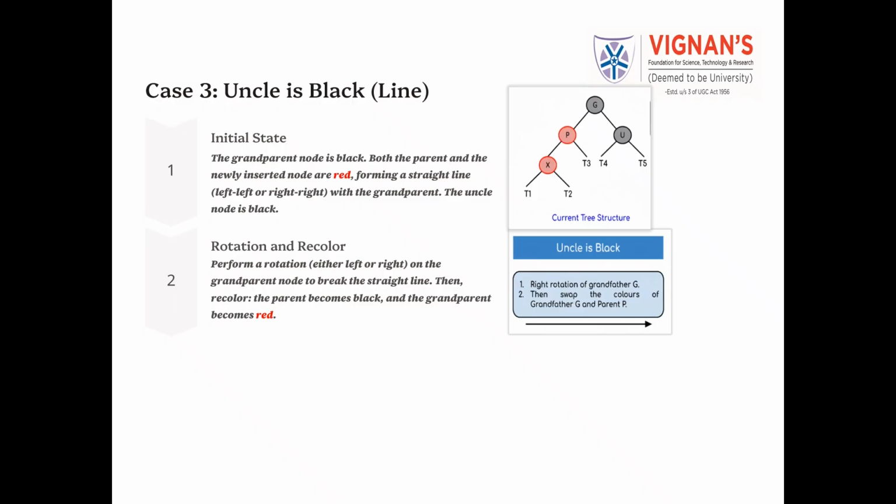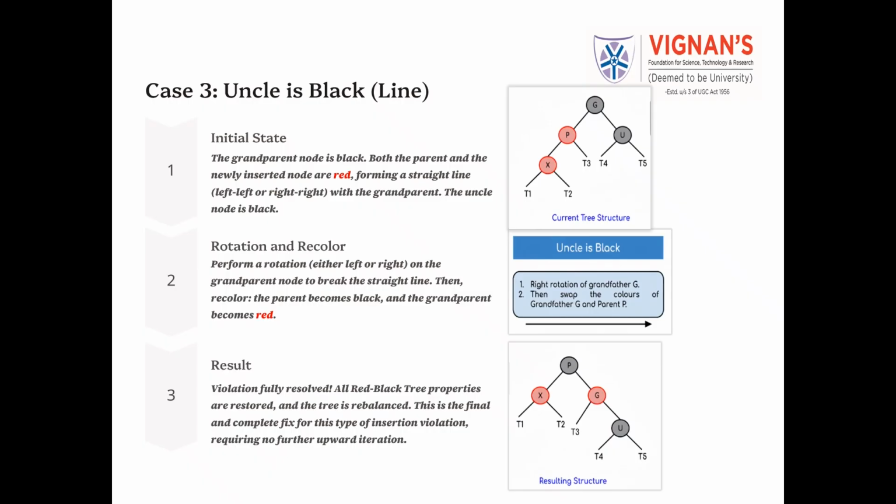Then we recolor. The parent becomes black and the grandparent becomes red. Result. The violation is fully resolved. All red-black tree properties are restored, and no further upward iteration is required.